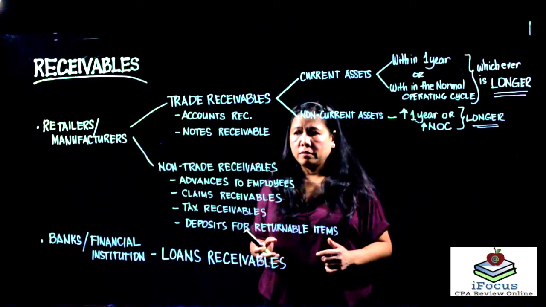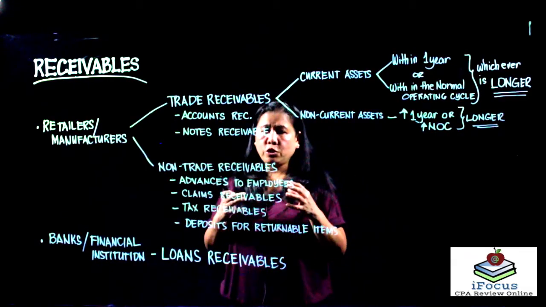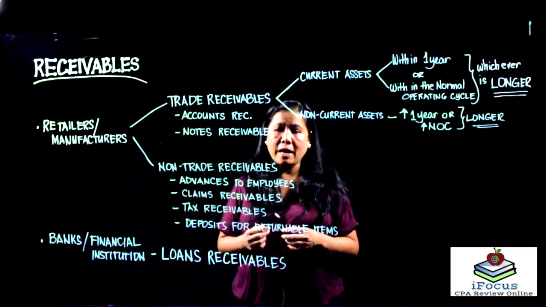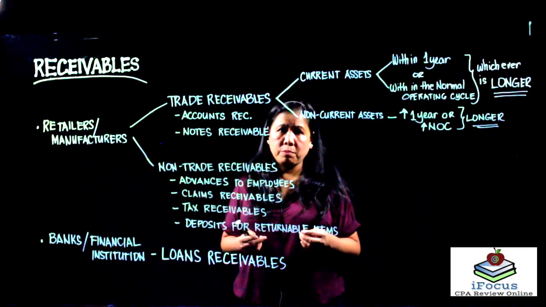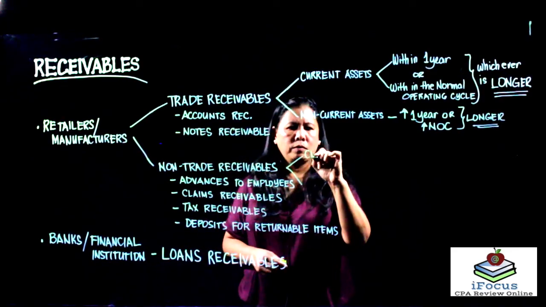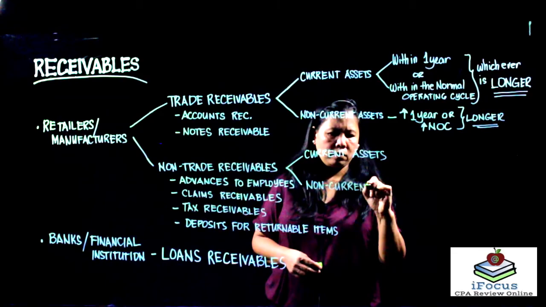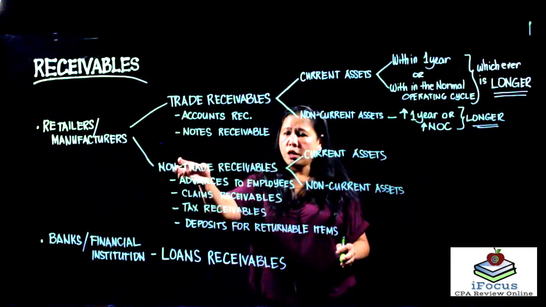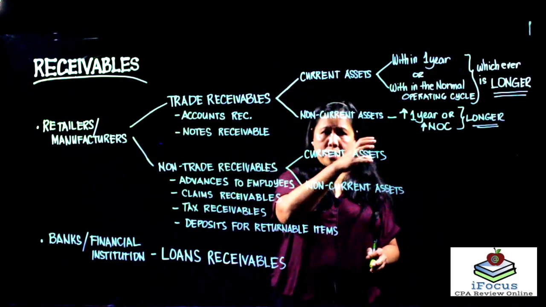Now, how do we classify non-trade receivables? We also classify a non-trade receivable as either current assets or non-current assets. So when do we classify a non-trade receivable as a current asset?